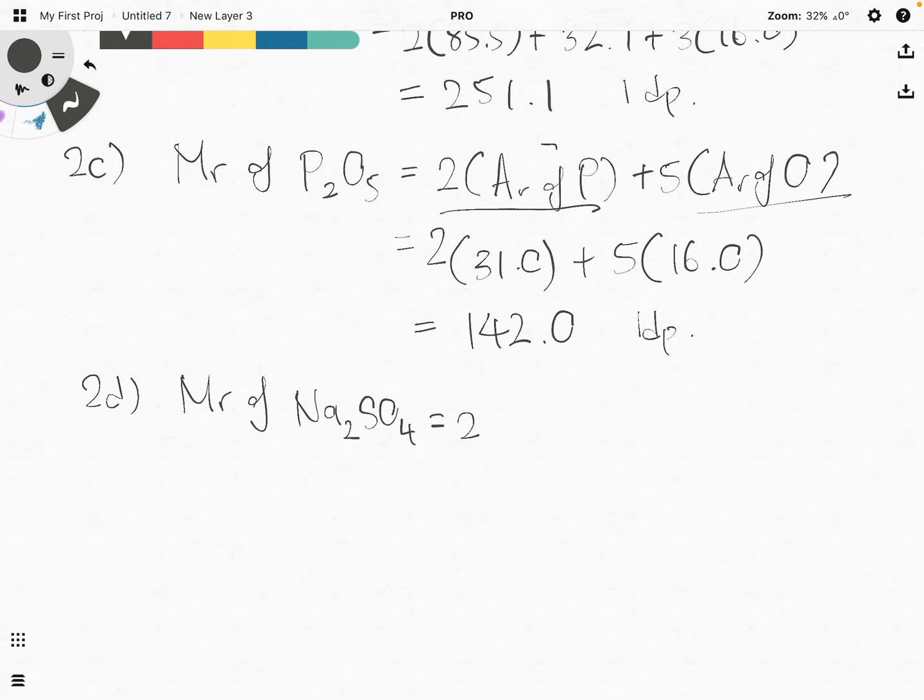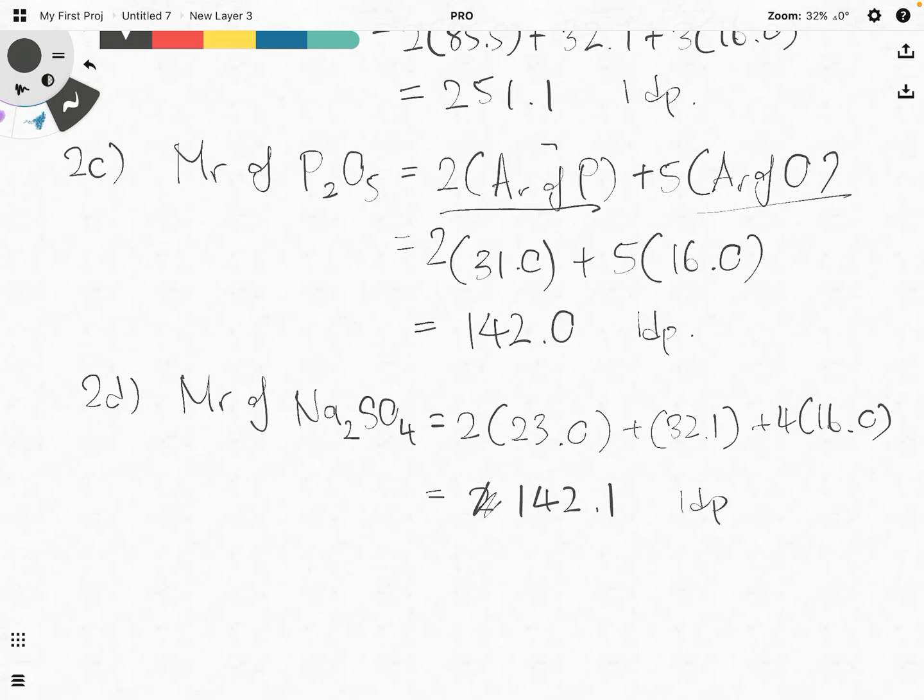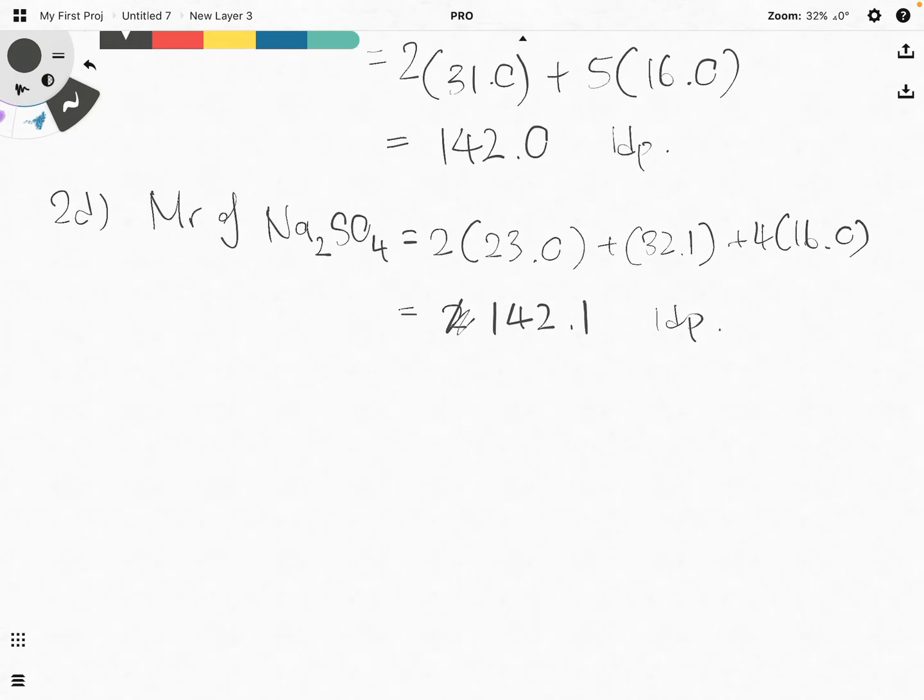Instead, I'm just going to jump straight in and substitute all the relative atomic masses. 23.0 is the relative atomic mass of sodium, and we have 2 of that. Sulfur is 32.1, and we have 4 oxygens, each one is 16.0. Together we get 142.1 to 1 decimal place. Okay, getting the groove of it.